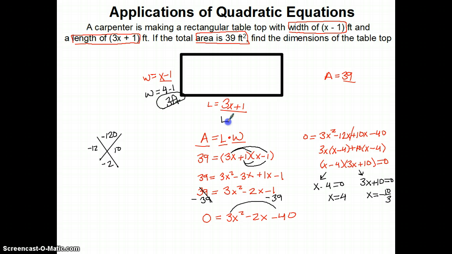And the length is going to equal 3 times 4, which is 12, plus 1, which is 13. Plugging in a negative is only going to give me negative length and width, so this cannot be part of our solution. So our two answers are that the width is 3 feet and the length is 13 feet.